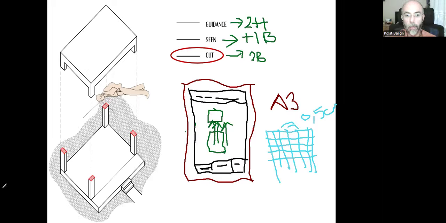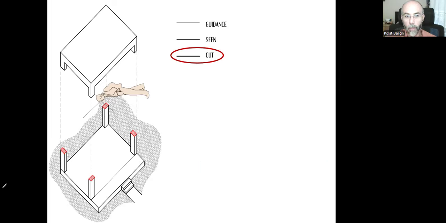Okay, let's move on to scaling. The scale will be 1 over 50. That means that here on the left side on the screen, you are going to see the real sizes of the building and the columns in centimeters or meters.